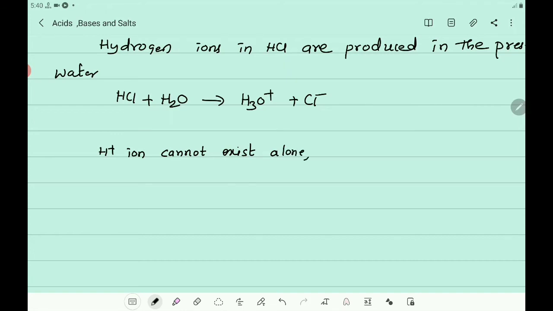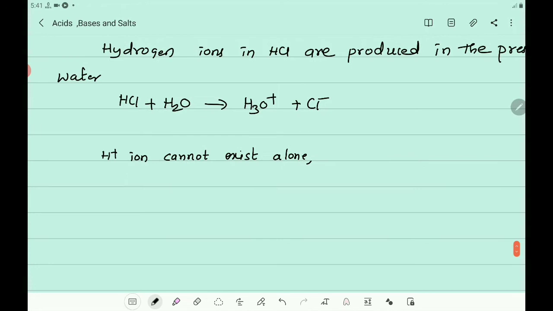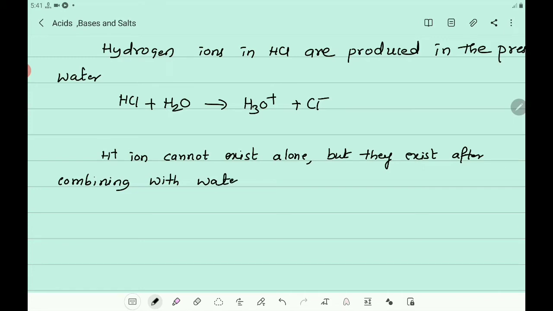But they exist after combining with water molecule.